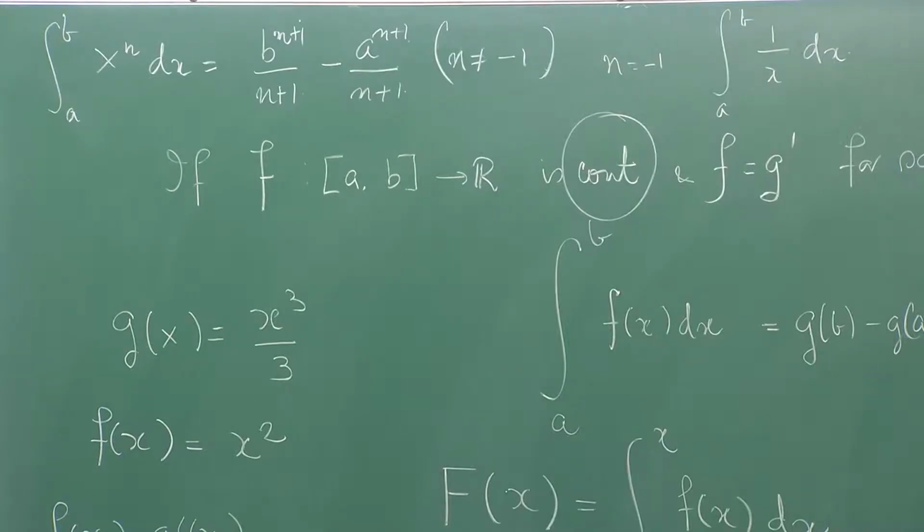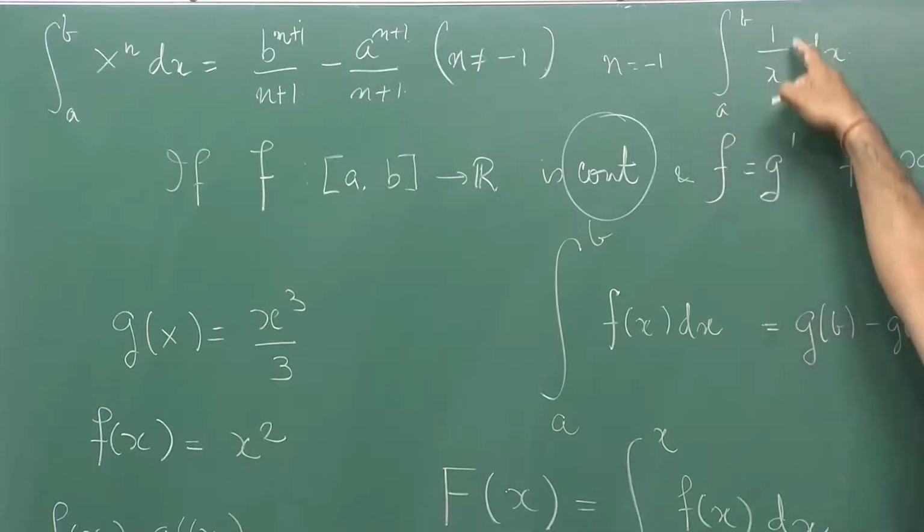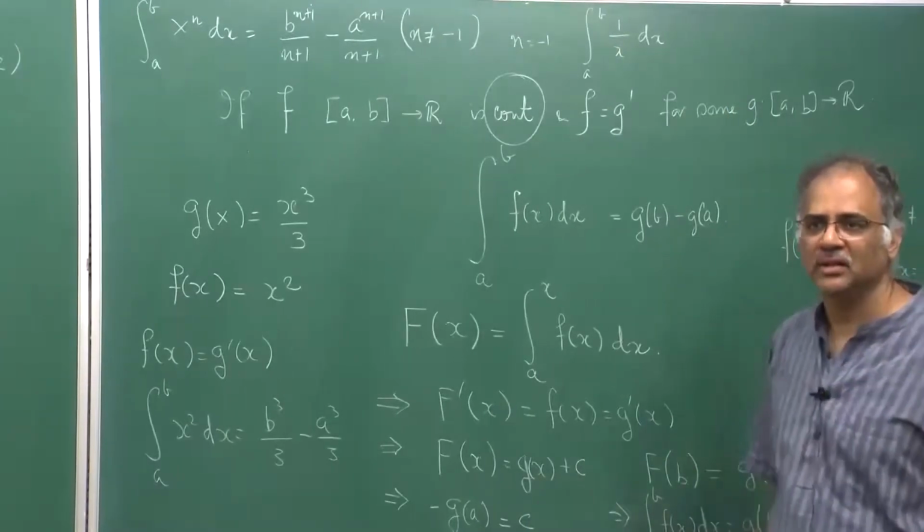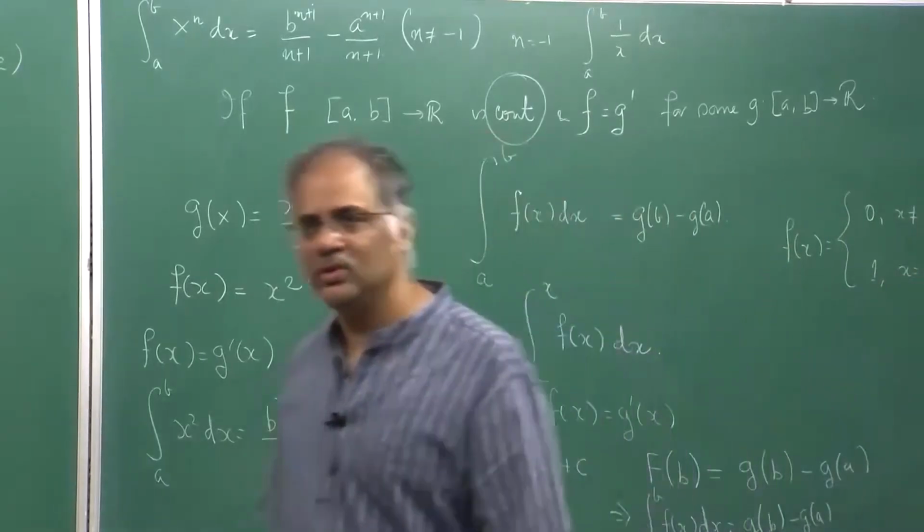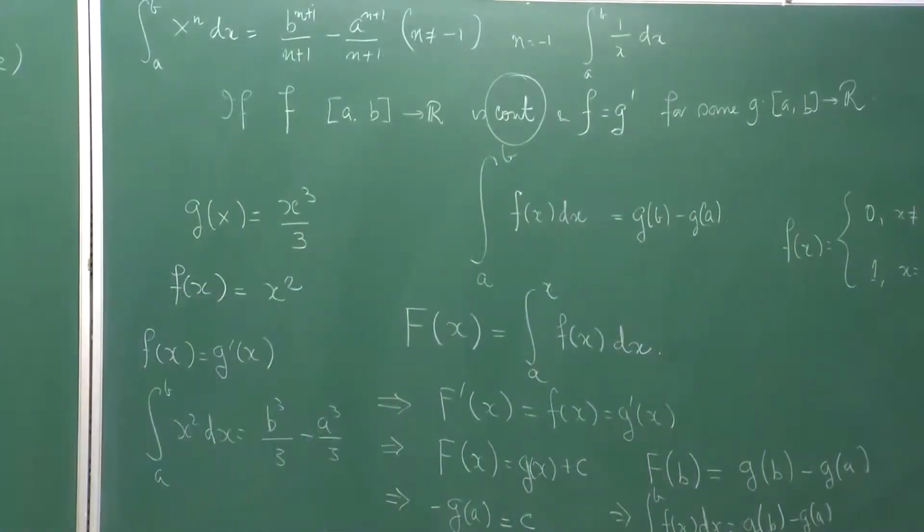Because here there could be a scenario where 0 is inside, the integral from minus 1 to plus 1 of 1 by x dx, and then that is it. So, you have a function which is not continuous, which is just blowing up. If you have 0 to 1 say, then also this function is meaningless, but if you have 1 to some t, then it is meaningful.